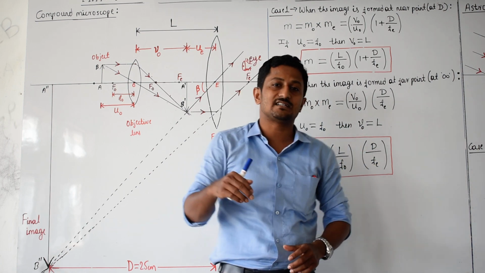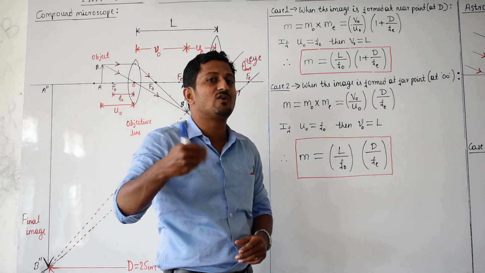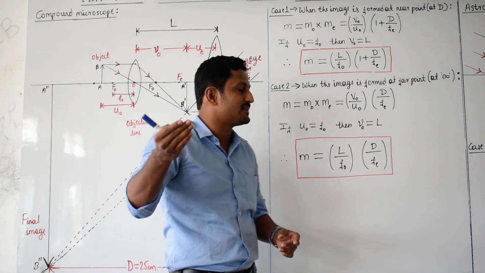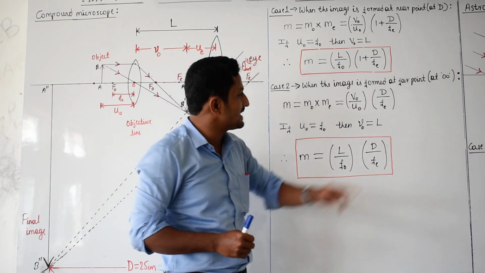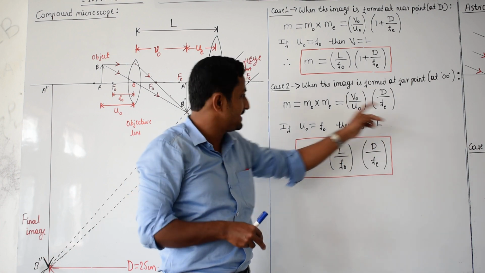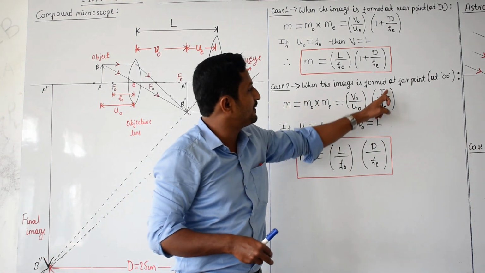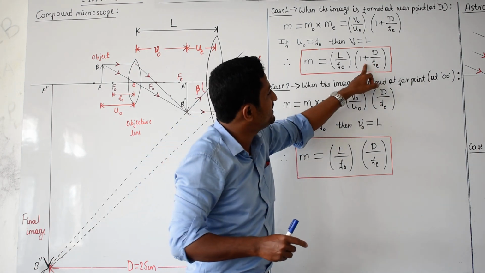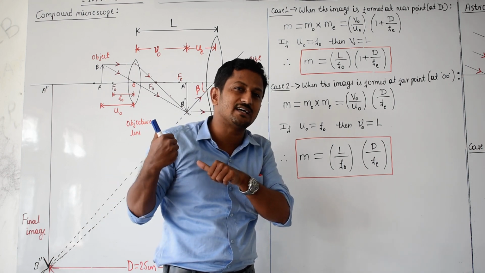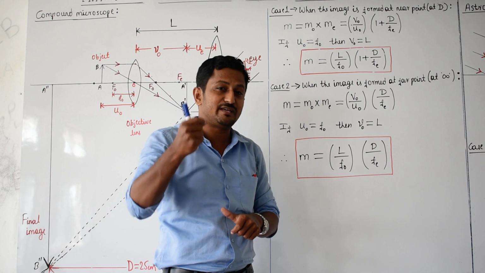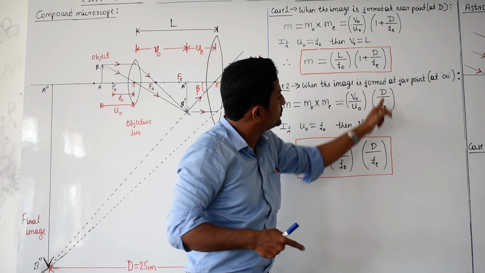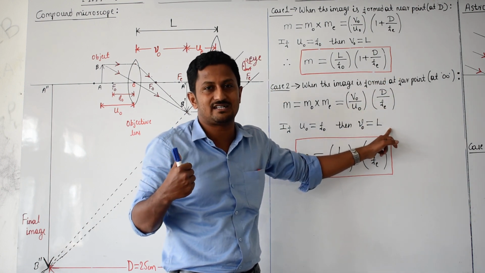In the previous class, for the simple microscope, we got the magnifying power when the image is formed at infinity as d by f, d by its focal length, d by fe. Previously it was 1 plus d by fe, when the image was produced at near point. When the image is produced at far point, then it is d by fe. These two I already showed in the previous class.